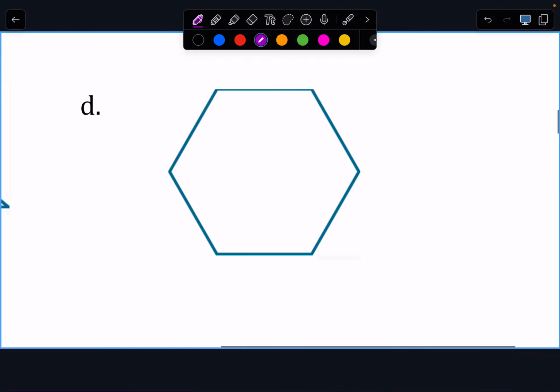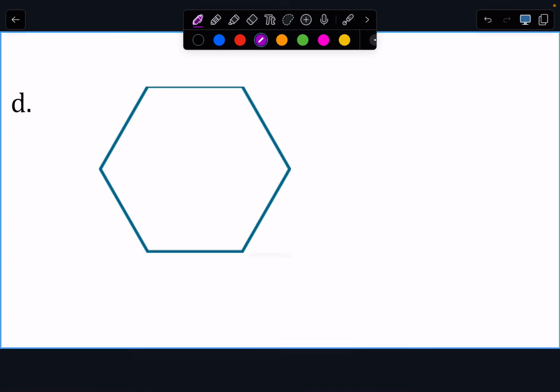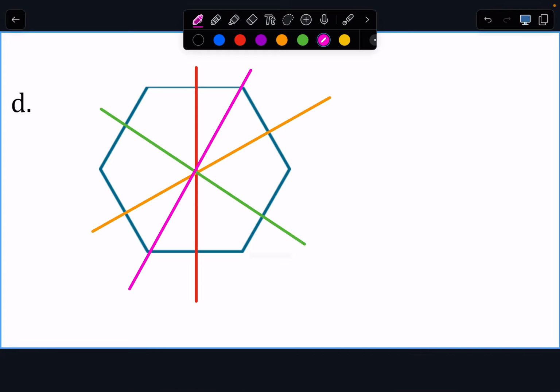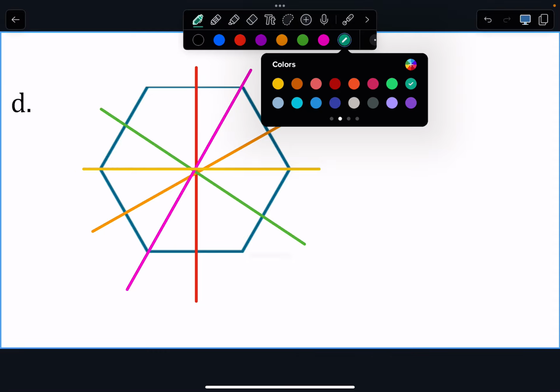Okay, does D have line symmetry? How many do you think? Okay, here's one. Here's two. Here's three. Point to point. Okay, then vertex to vertex. 4, 5.